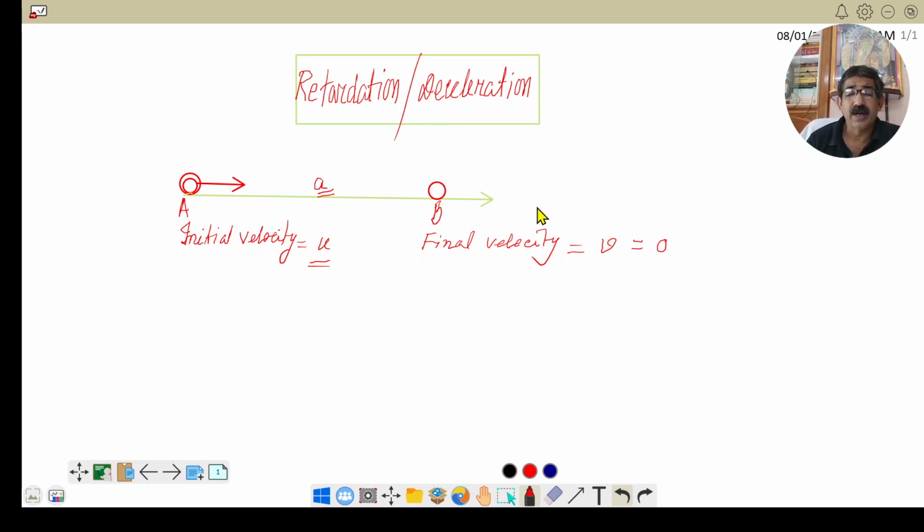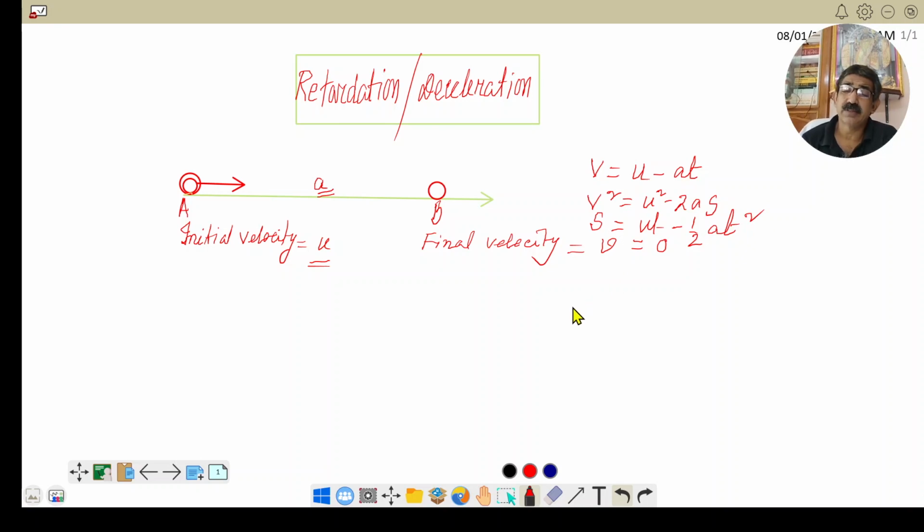Actually retardation and deceleration, two separate words, but meaning is same. Then the formula governing the motion will be like this. V is equal to U minus AT, and V square is equal to U square minus 2AS, and S is equal to UT minus half AT square.